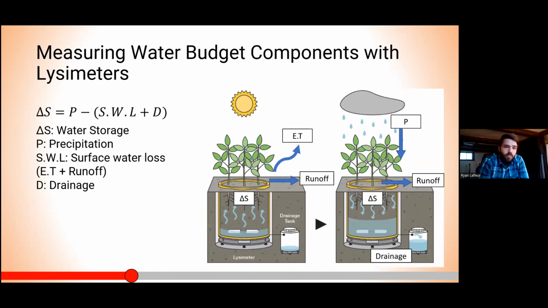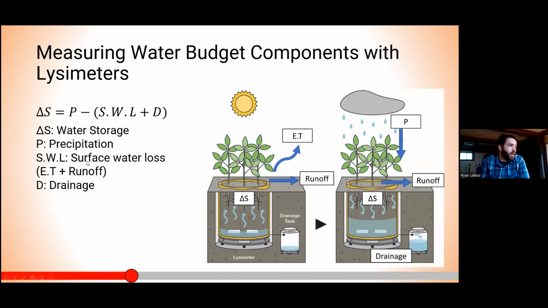Before we get into any results, I wanted to talk a bit more about what exactly the water budget is. The water budget is a simple summation of all the inputs and outputs of water through your volume of soil of interest. Our inputs are things like precipitation, whether snow or rain.